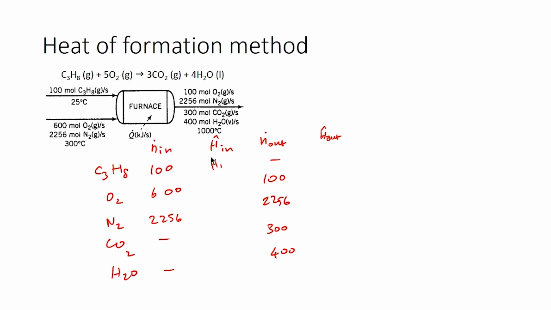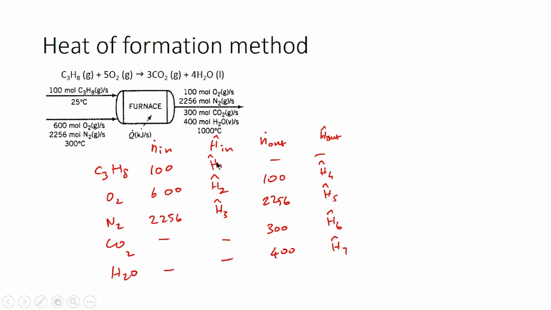So, you have H1 cap, this is going to be H2 cap, you have H3 cap, you have H4 cap, H5 cap, H6 cap and H7 cap. So now what happens is all these are going to have different components.